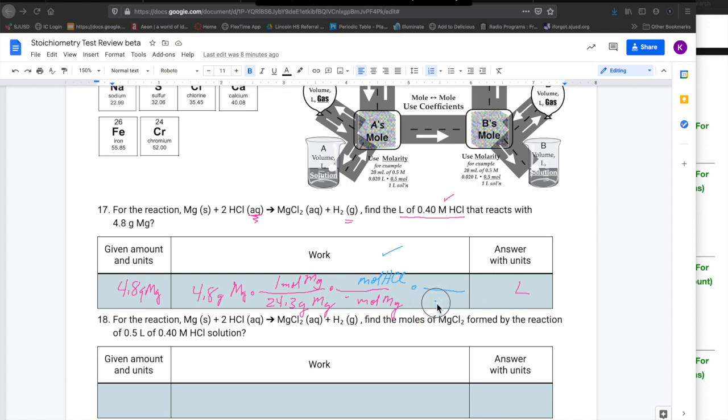So we want the unit of moles to be on the bottom. We want the unit of liters to be on top. This comes from up here. Okay, so we need a 2 and we need a 1. So this will be 1 and this will be 2. All right, excellent.